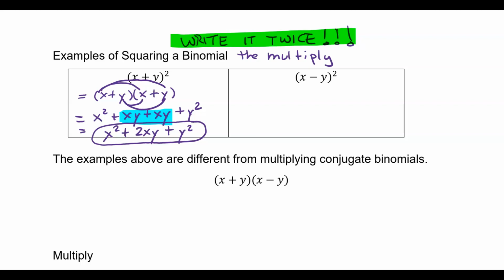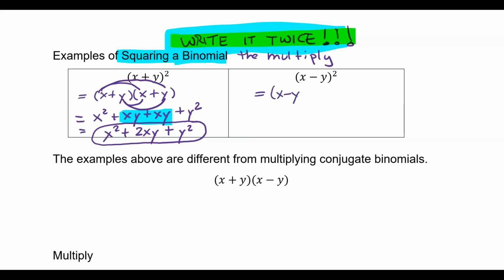They think there is a shortcut to this type of problem, but there is no shortcut. You must write it twice, okay? When you see a binomial square, for example, x minus y squared, we are squaring a binomial.